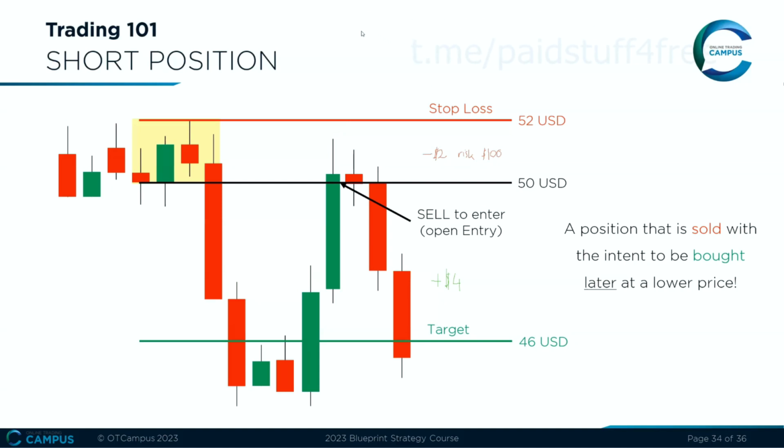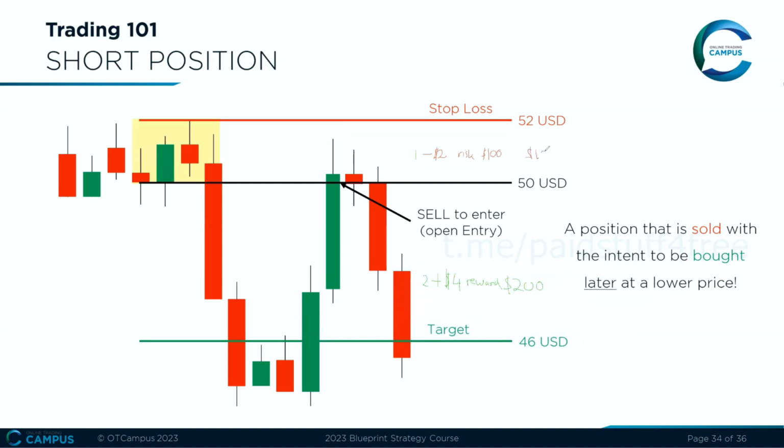$4 in a monetary calculation of reward. If you were to risk $100, you're risking -2, you're making +4, which is a 1 to 2. And so the same ratio could be applied by risking anything.